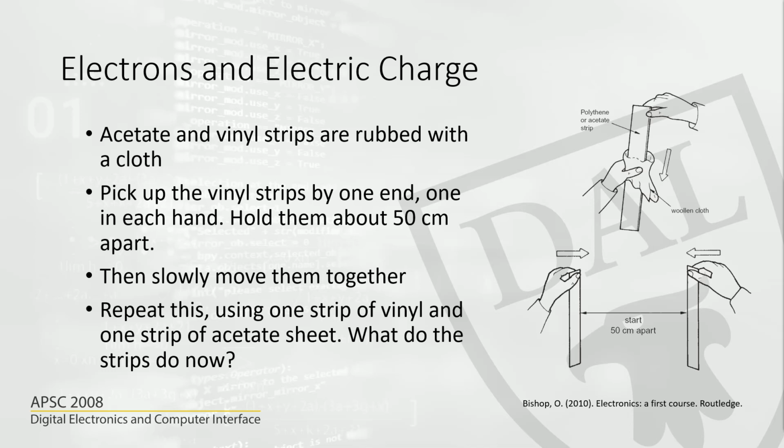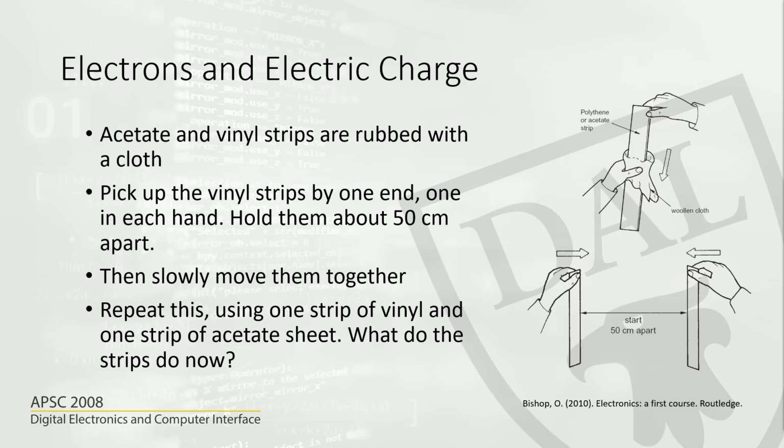Once you do that, pick up 2 vinyl strips by one end in each hand, and bring them together slowly, and repeat exactly the same step by holding one vinyl strip and one acetate strip. Again, these strips are charged by rubbing briskly with a woolen cloth. The charged strips, you put them 50 centimeters apart and slowly bring them close together.